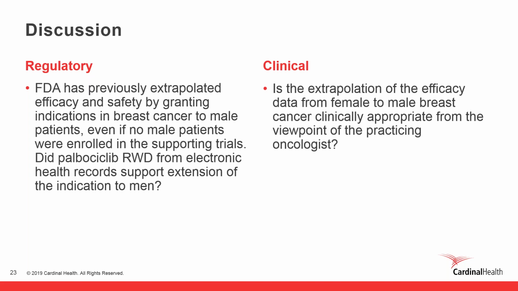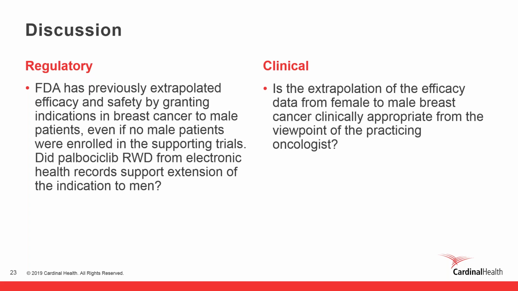So as the question alludes, FDA has definitely previously extrapolated efficacy and safety in breast cancer indications to males, even if no males were enrolled in those particular development programs. However, there are certain cases where there's a potential of different efficacy and safety results between men and women in breast cancer, such as when a drug is combined with an endocrine therapy and results in or relies upon the manipulation of the hormonal axis, which we see here.